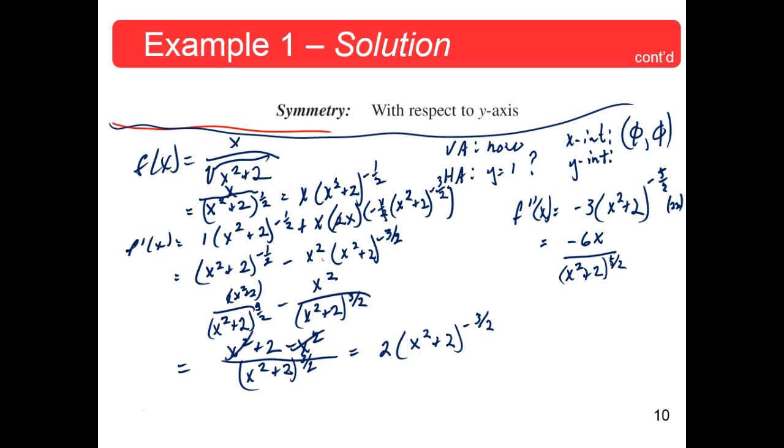Agreed? Okay, now let's go back to this first derivative. Why were we taking the first derivative in the first place? To find our critical numbers, or critical points, exactly. And how do we find those? What do they have to do with first derivatives?